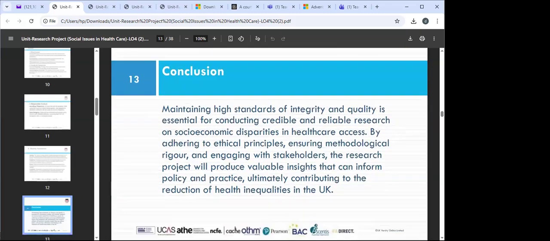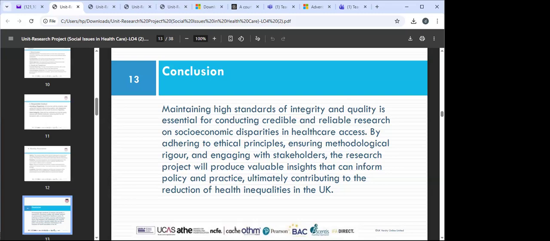Maintaining high standards of integrity and quality is essential for conducting credible and reliable research on socioeconomic disparities in healthcare access. By adhering to ethical principles, ensuring methodological rigor, and engaging with stakeholders, the research project will produce valuable insights that can inform policy and practice, ultimately contributing to the reduction of health inequalities in the UK.